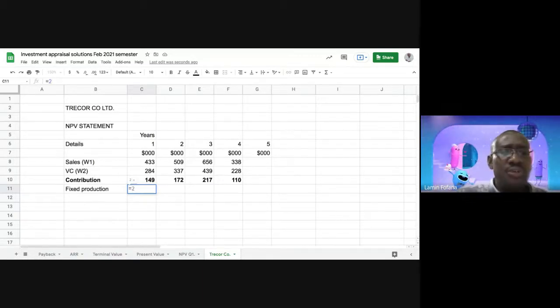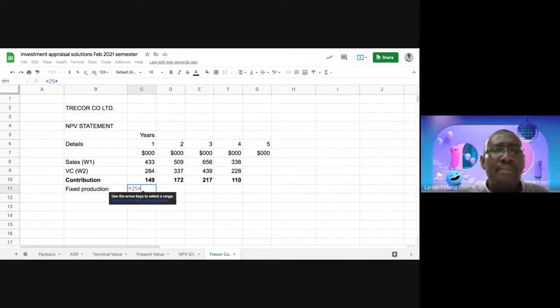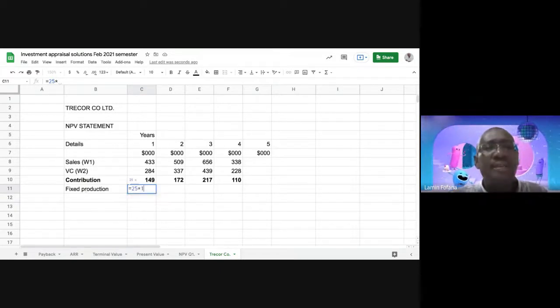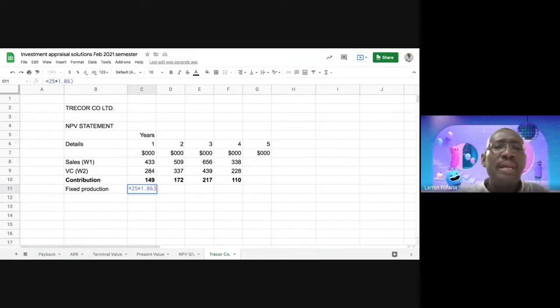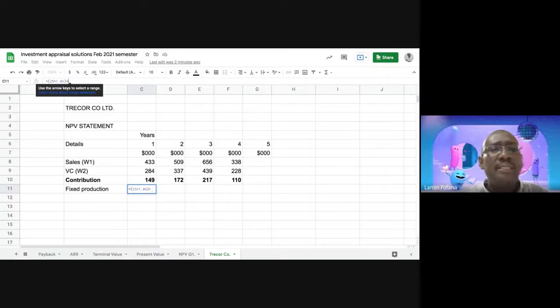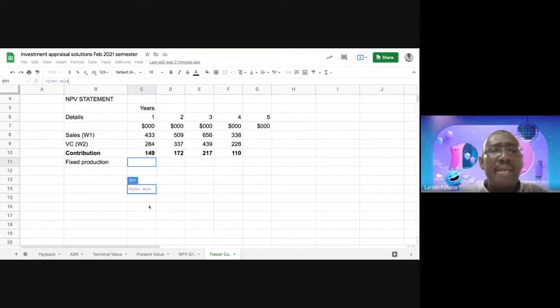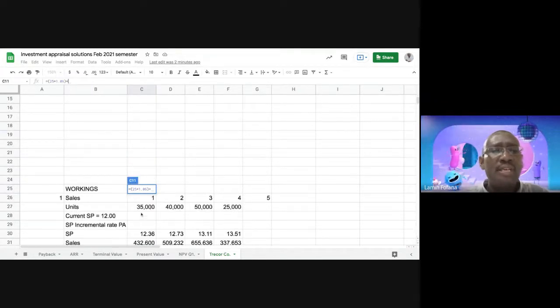So we just do 25 multiplied by, what's the rate of increase? It's 1.06, isn't it? Yes, 1.06. We close the bracket. So we multiply that by the unit. We have our unit here, isn't it? Then we enter.